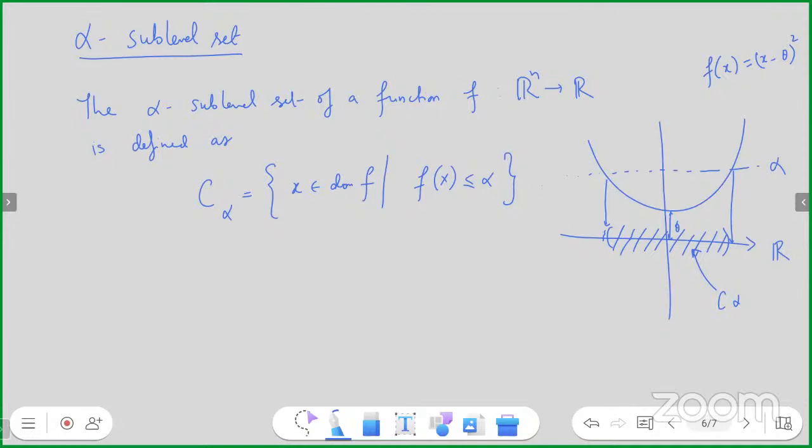Think of a concave function. Can a concave function have all its alpha sublevel sets convex? Because if such a thing exists, then this claim is not true.